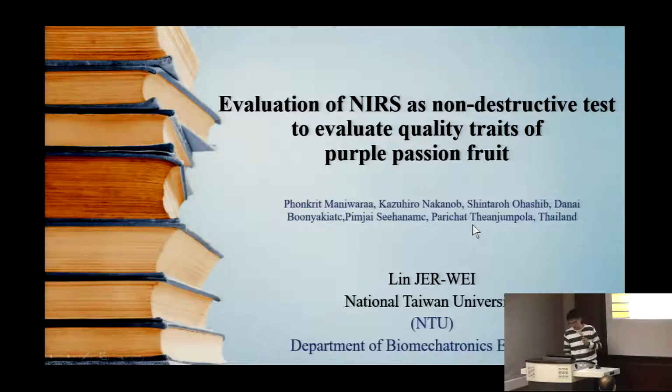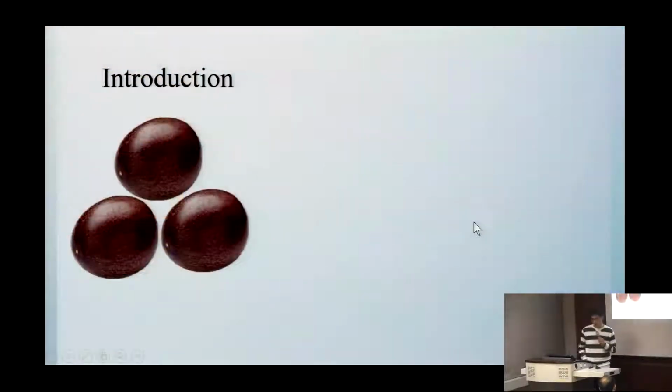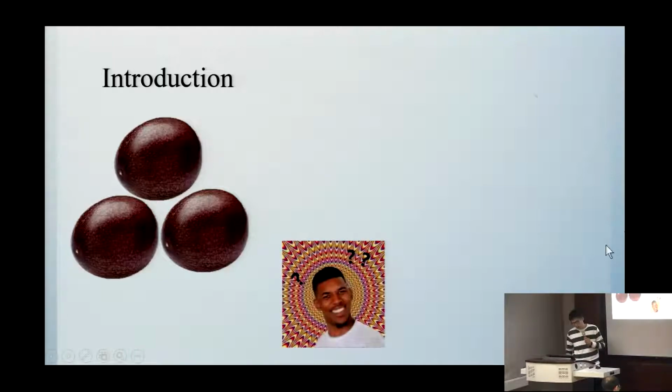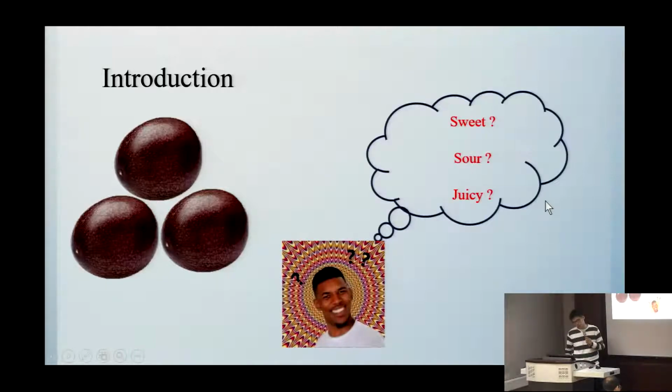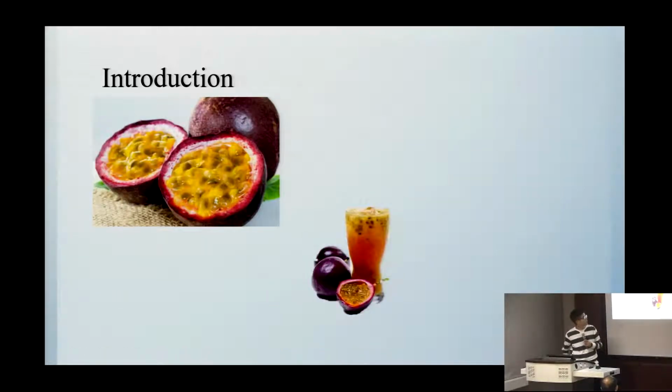Here's the author. So let's talk about what passion fruit is. Some people think it is sweet, some think it is sour, and some think it is juicy. So how can we know what this kind of fruit tastes like?